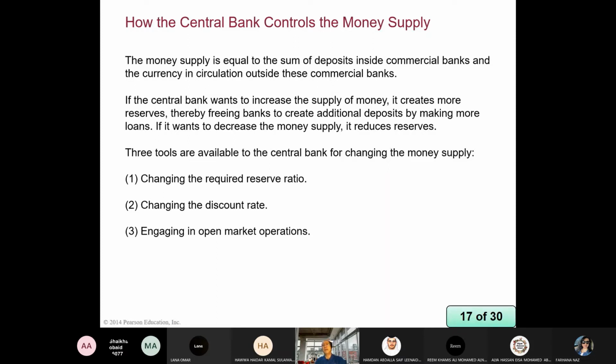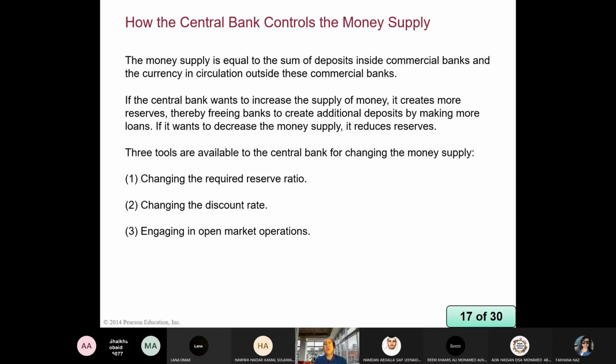Okay, so the central bank, the UAE Central Bank, or the United States Federal Reserve Bank, has three tools: reserve ratio, discount rate, and open market operations. So I'm going to explain them, but I need from your side to concentrate on the conclusion.